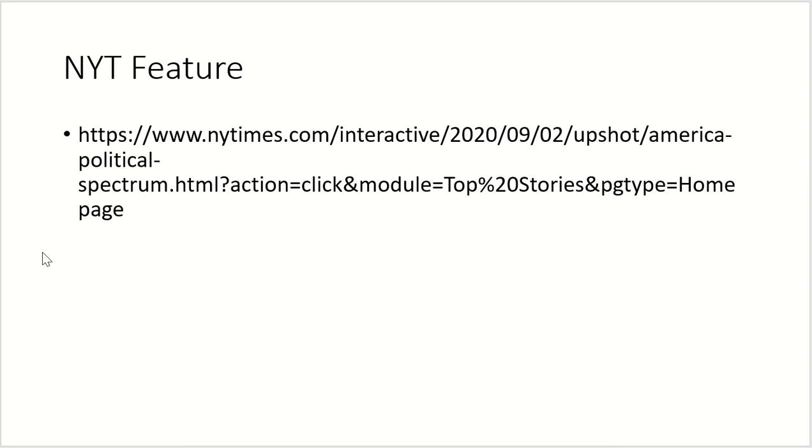And then finally, something I posted on Blackboard is just a feature I saw on the New York Times website. It must have come out today, yeah, September 2. It has to do with analyzing aerial imagery and characterizing variation in color and how that lines up with presidential election margins in 2016. It's not anything that you need to know about for this course.